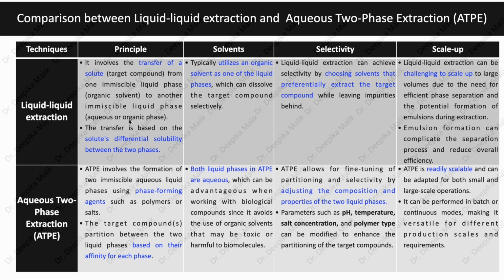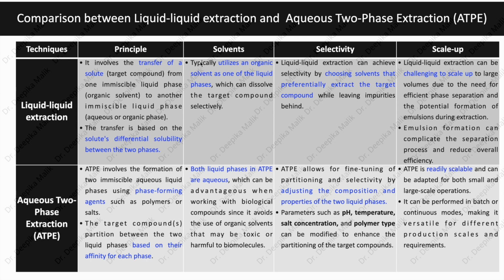The transfer is based on the solute's differential solubility between the two phases. Whereas aqueous two-phase extraction involves the formation of two immiscible aqueous liquid phases using phase-forming agents such as polymers or salts. The target compound partitions between two phases based on their affinity for each other.